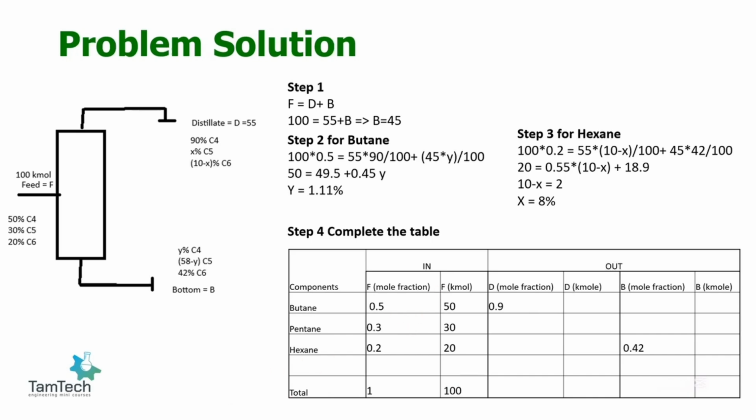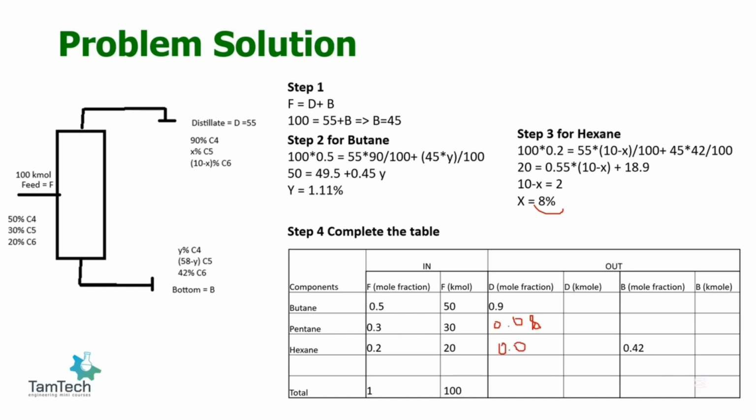So I will take my pen and write the other variables. In the distillate, it was given that C4 is 90%, and we found X as 8%, which is 0.08 as a fraction. Sorry for my handwriting. And if it's 8 percent, C6 will be 10 minus 8, which is equal to 2% or 0.02.